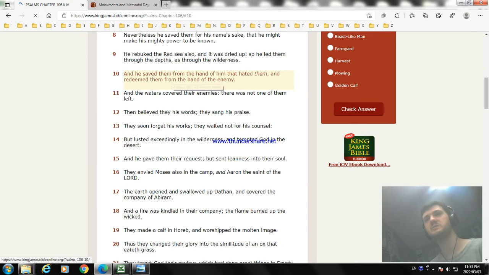"And he saved them from the hand of him that hated them, and redeemed them from the hand of the enemy. And the waters covered their enemies; there was not one of them left. Then believed they his words; they sang his praise. They soon forgot his works; they waited not for his counsel. But lusted exceedingly in the wilderness, and tempted God in the desert."